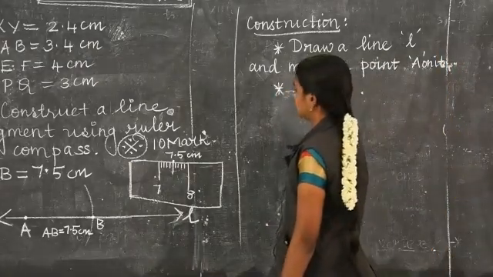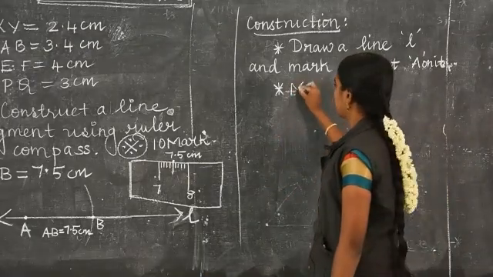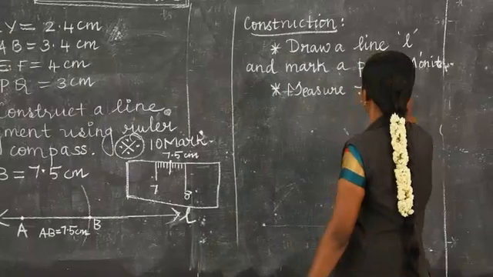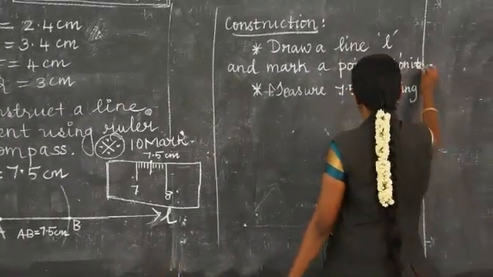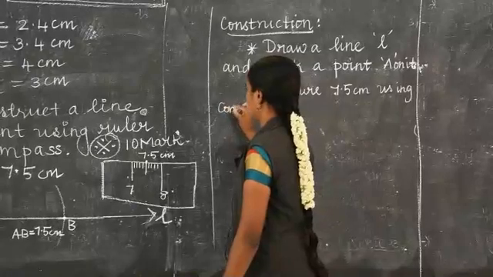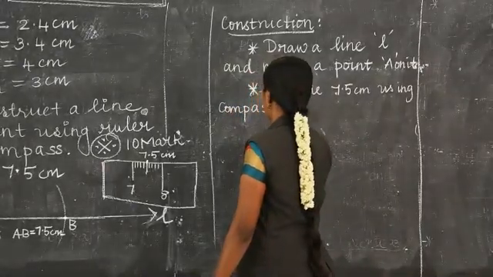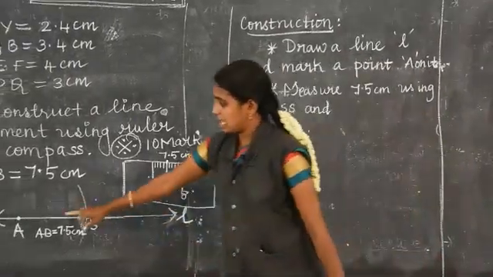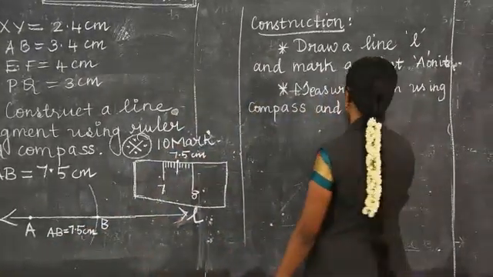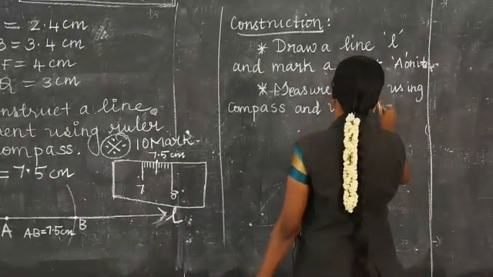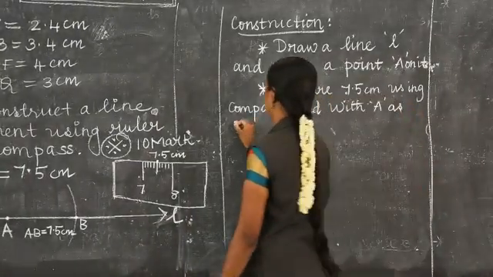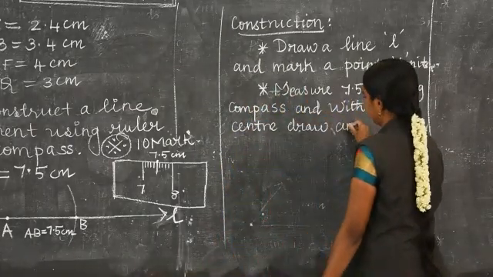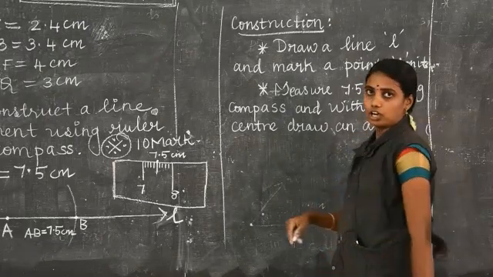Next, measure 7.5 centimeter using compass. And with A as center, draw an arc.